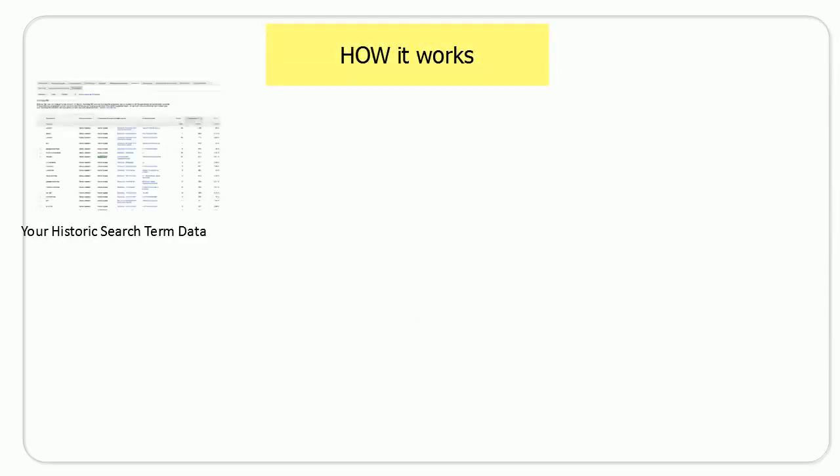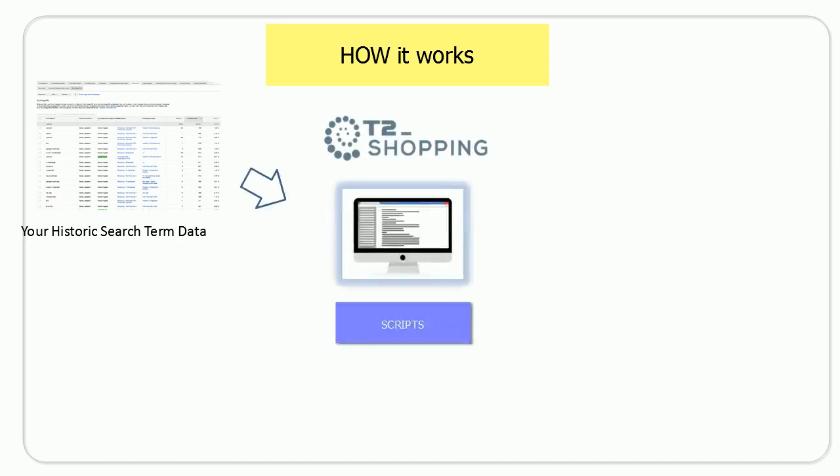T2 Shopping does two things. First, it analyzes your historic data that you have for your shopping campaigns, meaning that it looks at each and every keyword that has appeared for your shopping ad group and assesses how good was the CPA of this keyword. And we're not talking only about keywords, but we're also talking about parts of keywords.